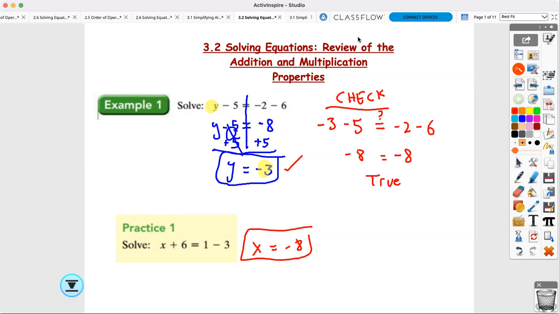Ten seconds left, guys. Does anyone need me to work out or explain the practice 1 problem for 3.2? All right, you got x equals -8, like Jacob, for practice 1, you are correct. What questions do we have before I move on?